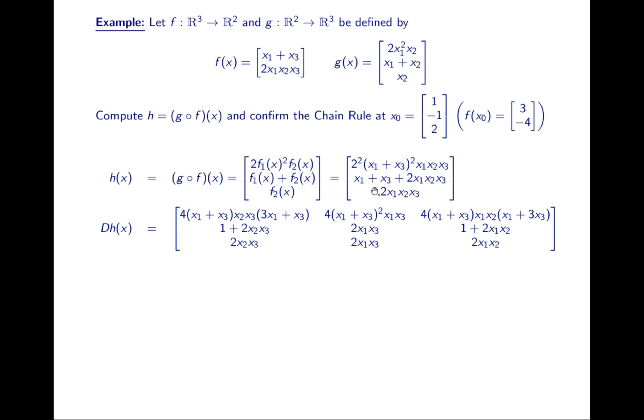And if I take the 3 different partial derivatives of this expression, I get the last row. Another way to think about it is, if I isolate this function and compute its gradient, the transpose of that gradient is the top row. The transpose of the gradient of this function is the second row. And the transpose of the gradient of this third function is the third row.